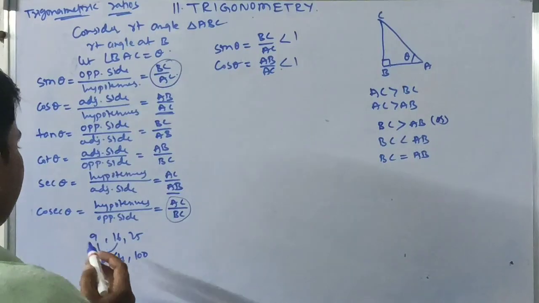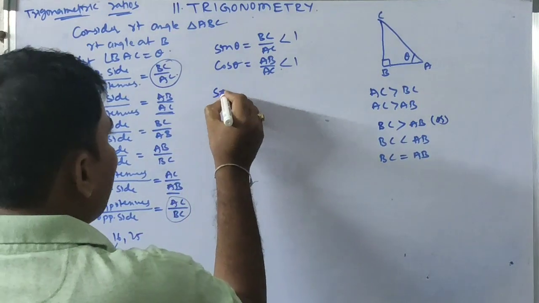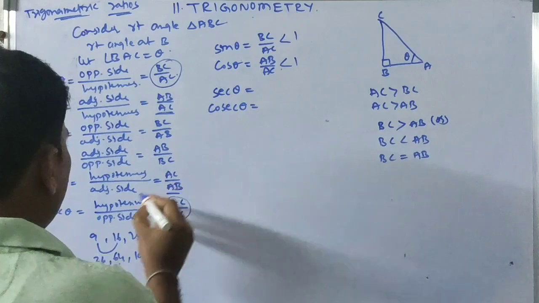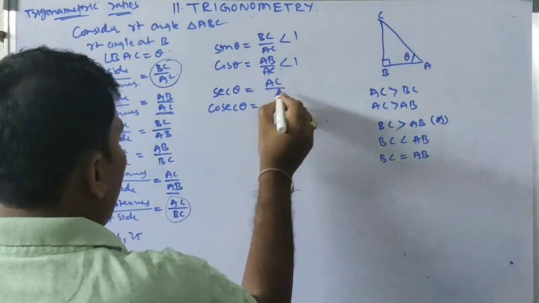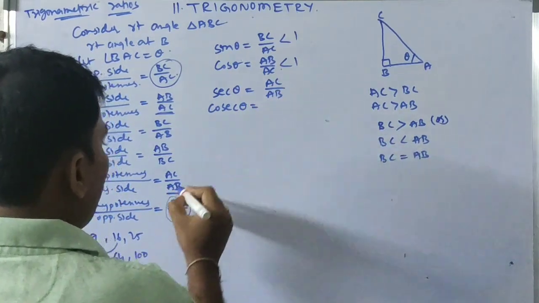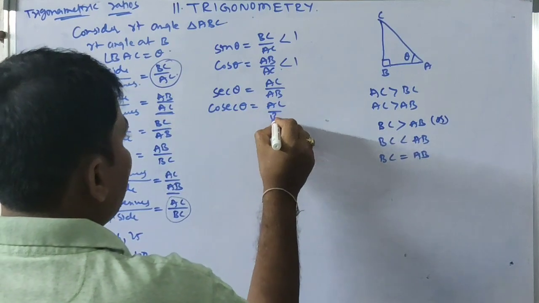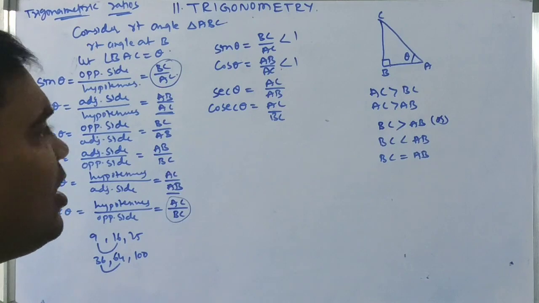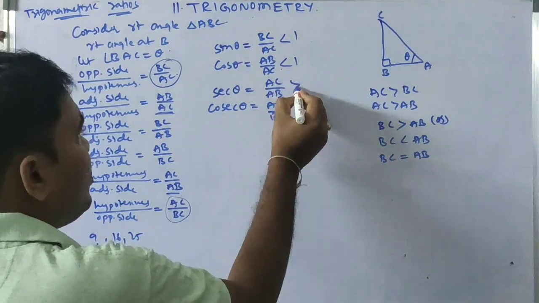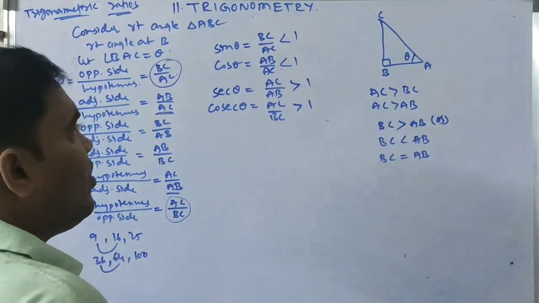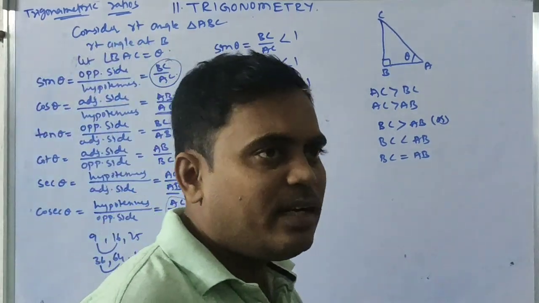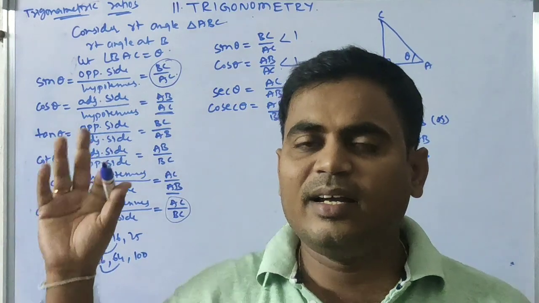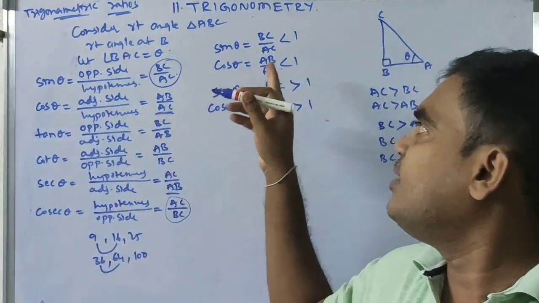Okay, and if we are taking sec theta and cosec theta, sec is AC by AB, cosec is AC by BC. So both numerators are AC, the bigger value, so these should be greater than 1. So cosec theta and sec theta are always greater than 1, and sin theta and cos theta are less than 1.